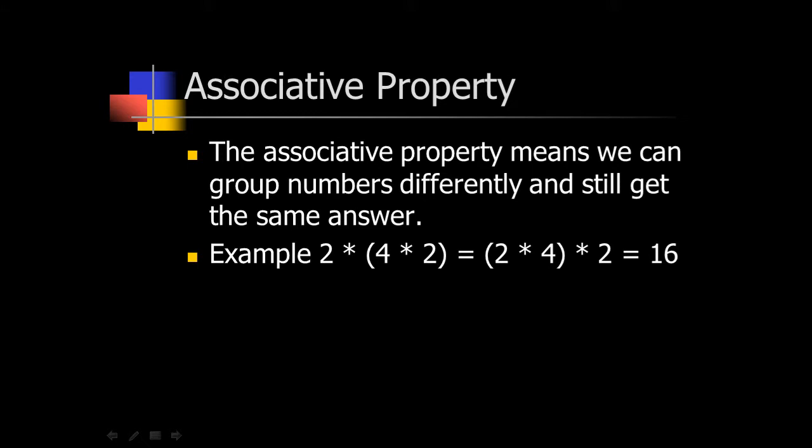They both equal 16. Notice that the order of the numbers stays the same. It's 2, 4, and 2 each time. What changes is the location of the parentheses. That's important to remember. So we're grouping the numbers differently.